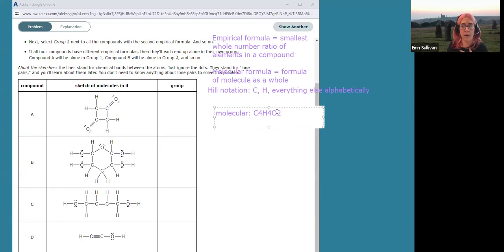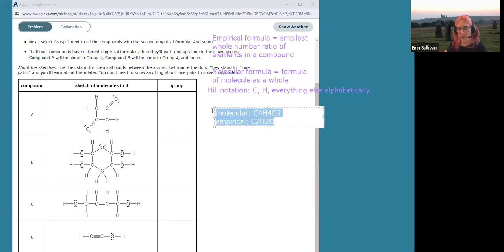I can't divide by 4 because 2 is too small, but I can divide the whole thing by 2. So my empirical formula is going to be C2H2O. That is my smallest whole number ratio in that molecule.